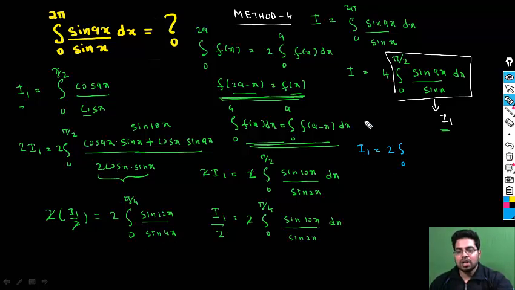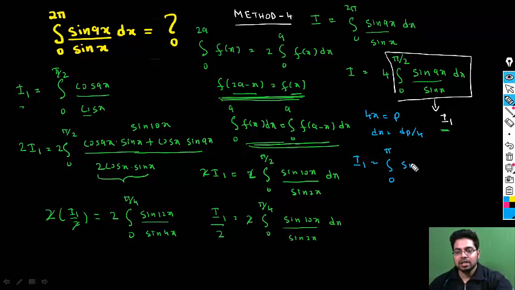So what I will do, I will replace 4x with p. That means dx would be equal to dp by 4. So this integration would then become I1 equal to 0 to pi, as pi by 4 becomes pi since p is equal to 4x.